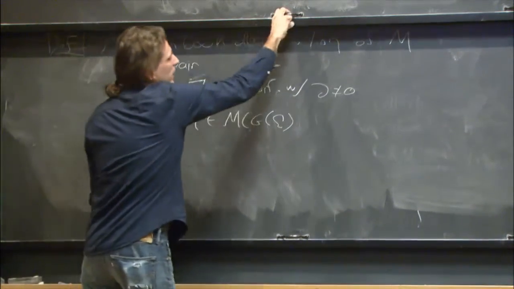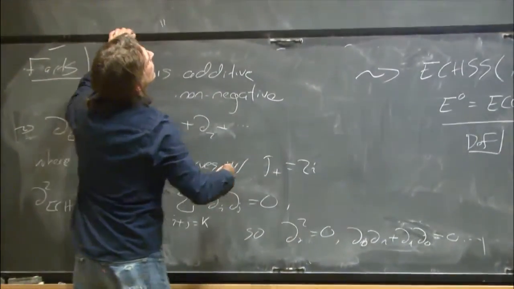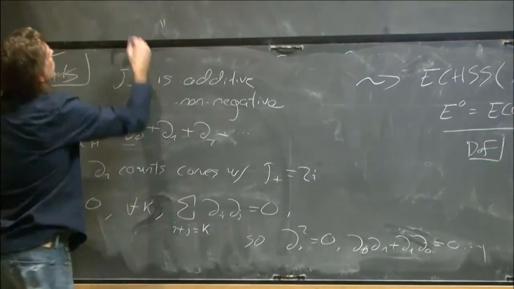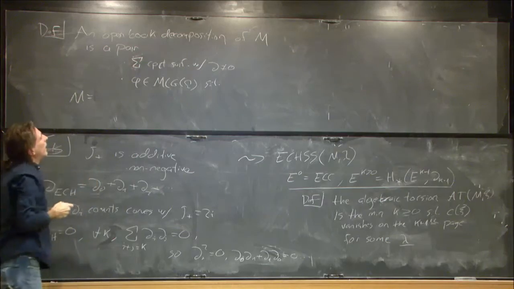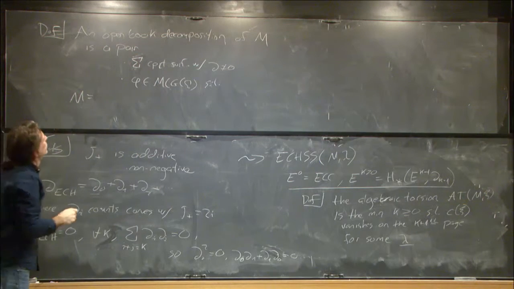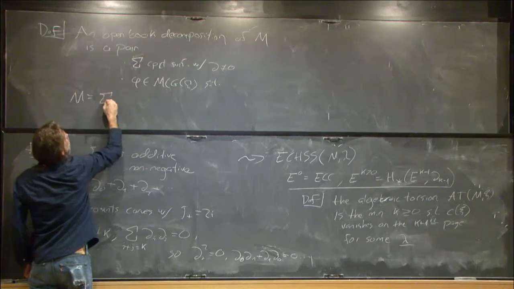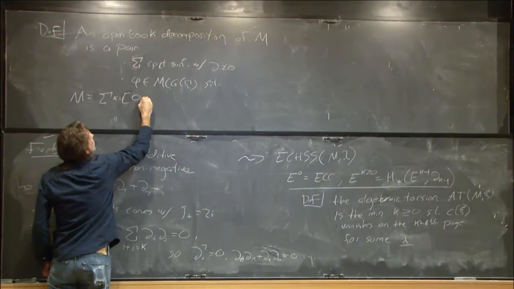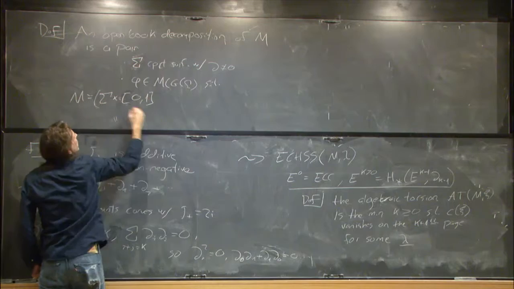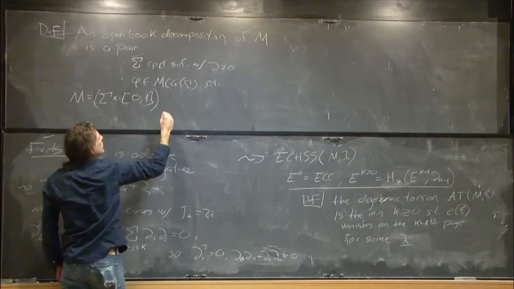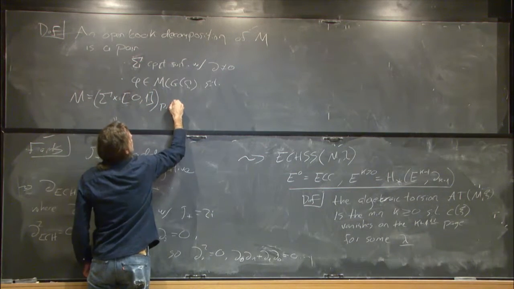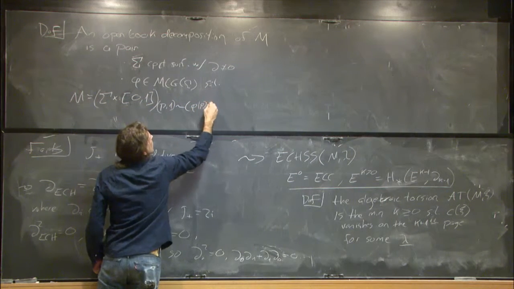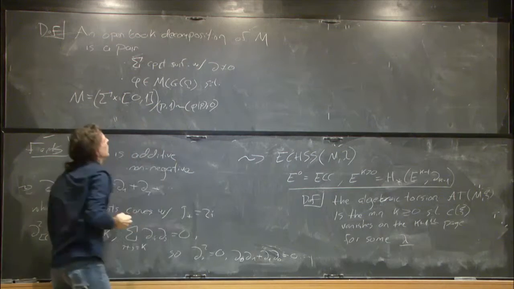And from that data, we want to decompose M as the mapping torus of phi. So what's that? We take sigma, cross it with 0, 1. Paste the ends together using phi. So let's say P1 gets pasted to phi of P back at the beginning.